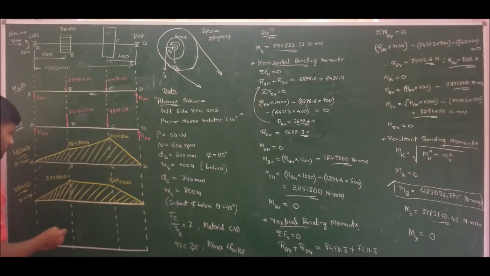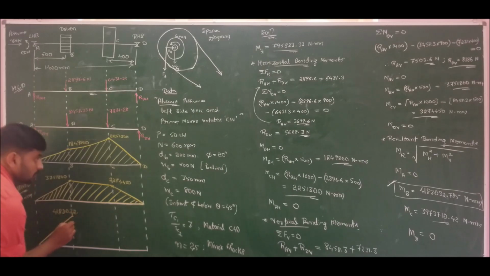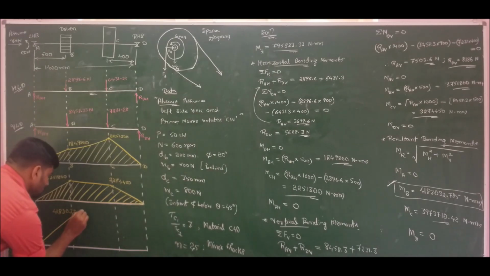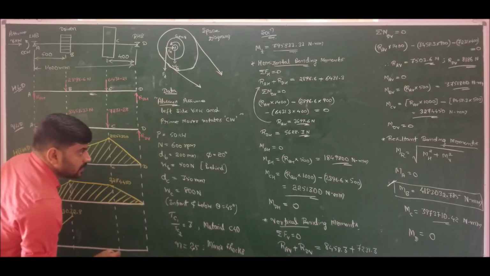At B we have 418032.8 and at B we have 397310.